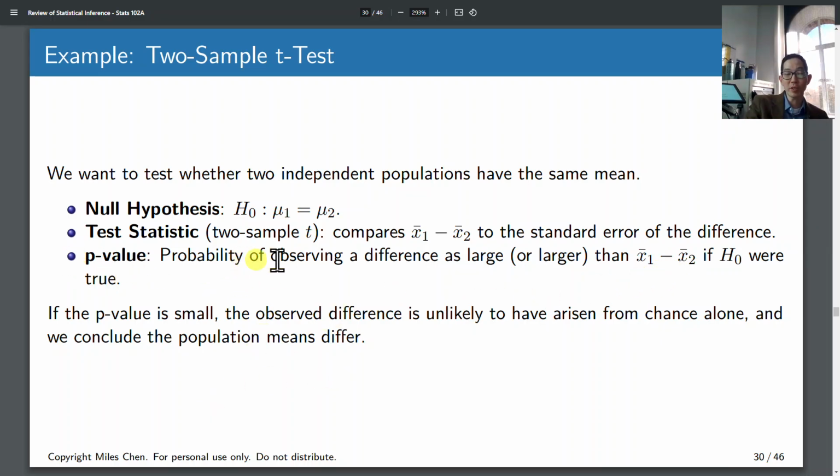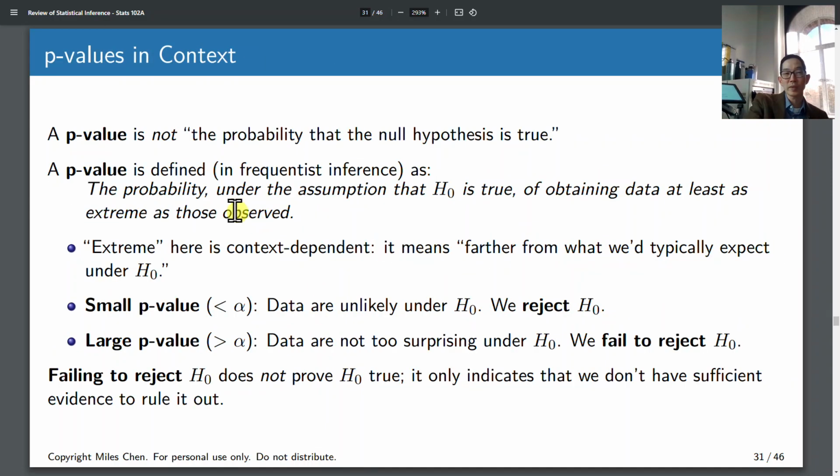Anyway, you calculate your p-value and you say, hey, what's the probability of getting whatever we actually have? If the p-value is small, then the observed difference that we actually do have is unlikely to have arisen from chance alone, and so we conclude that the reason why they're different is because the population means are different, okay? So the p-value, it's important.